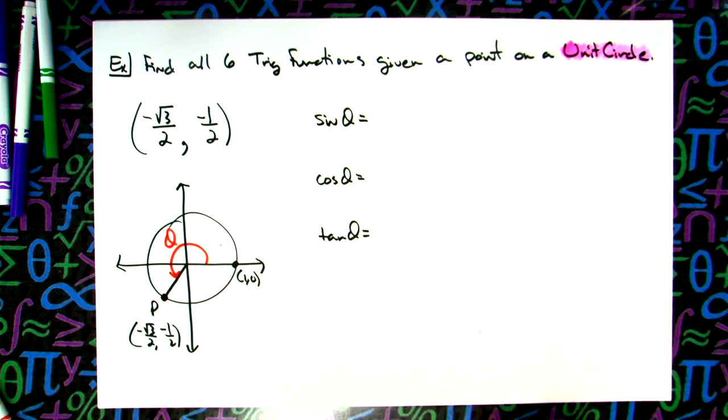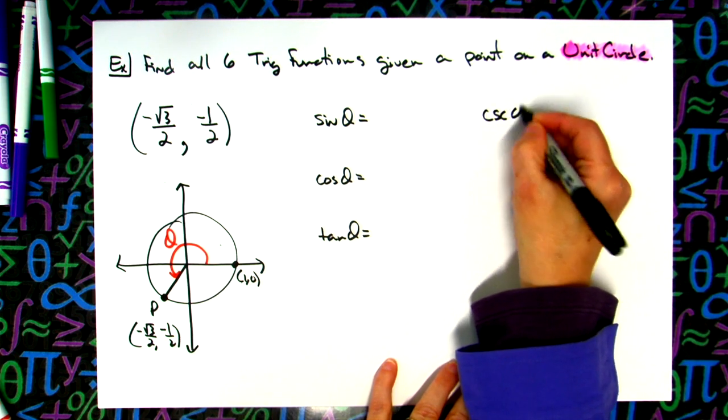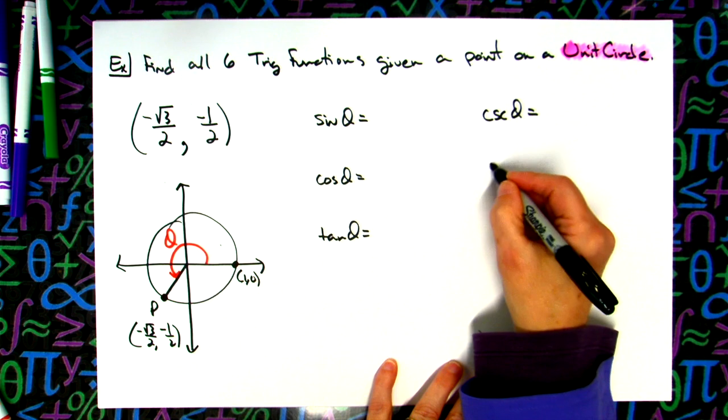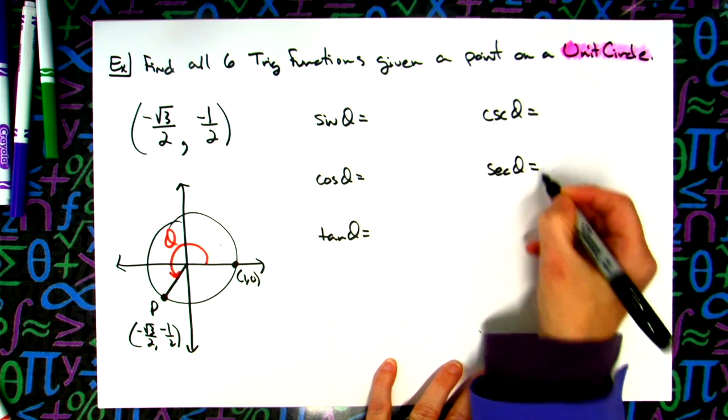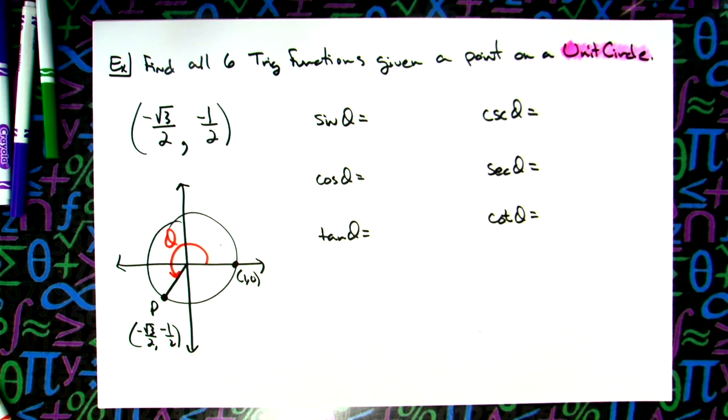I'm going to start with those 3, because the other 3 are the reciprocals. And if I really trust myself, then I can just find 3 answers and then take the reciprocal.